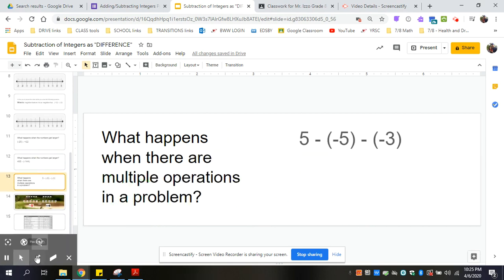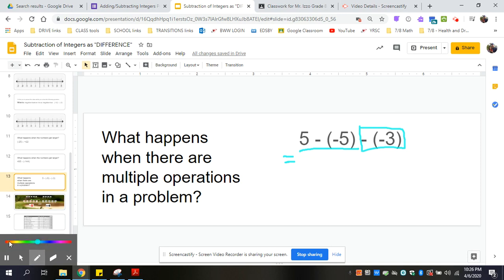What happens, Mr. Itza, when we have problems with multiple operators in the same problem? Okay, so for this, you always have to follow BEDMAS, but then you just break it up step by step by step, one step at a time. So we're going to solve this first. I'm going to leave that guy for later. The next step, he's going to drop down like a Tetris block.